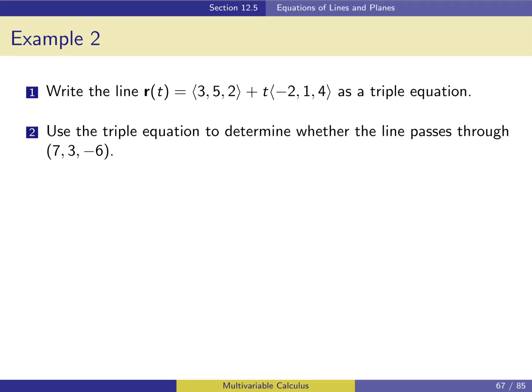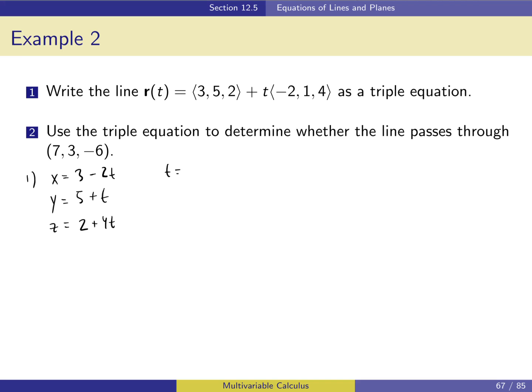So let's practice using this triple equation. How do we take this line, 3, 5, 2 plus t times -2, 1, 4, and turn it into a triple equation? Well, again, we'd write the parametric equations. We'd write x equals 3 minus 2t, y equals 5 plus t, and we'd write z equals 2 plus 4t, and in each case we'd solve for t.